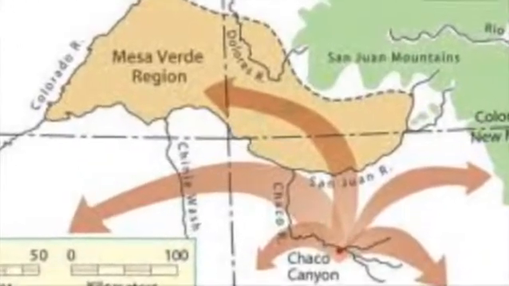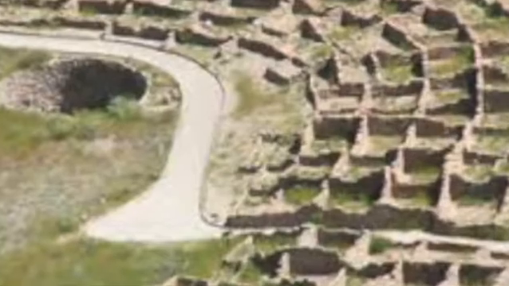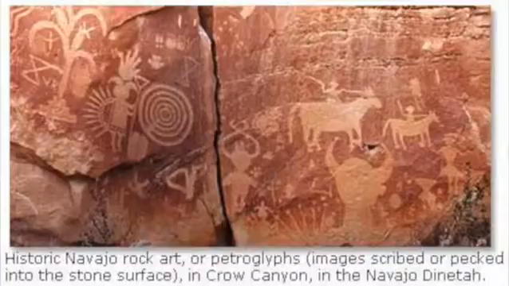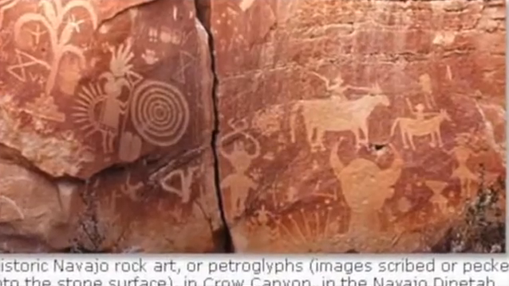By about 1200, there were some major natural catastrophes, including drought and famine, as well as newcomers from the north called the Athapascan people.